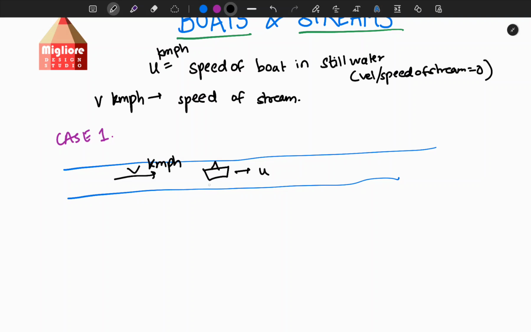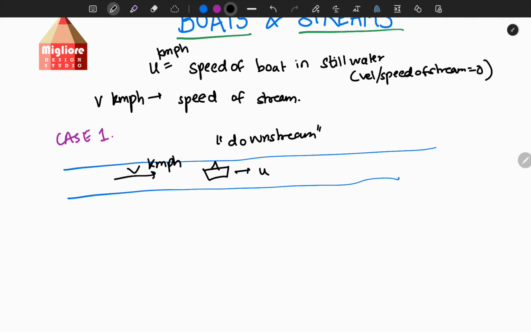So this case is usually called downstream, because water always moves in the direction of gravity, as gravity pulls it down. So it is always flowing downstream. You will never see the flow being upwards, at least generally. So downstream means that your velocity is increased because gravity is aiding that movement.